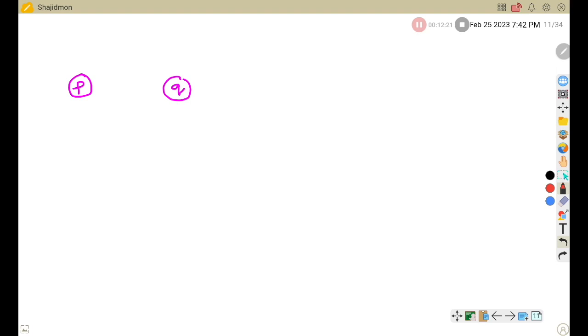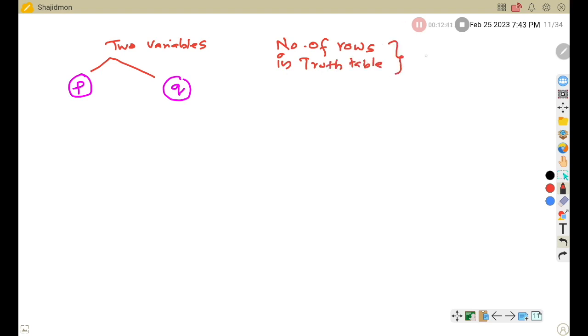So what can we write here? How many variables do we have? We have two variables. So how many rows? Number of rows in the truth table equals 2 power number of variables.